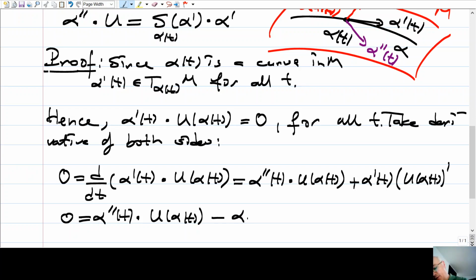So this is just alpha prime t dot product the shape operator at alpha t of alpha prime t.